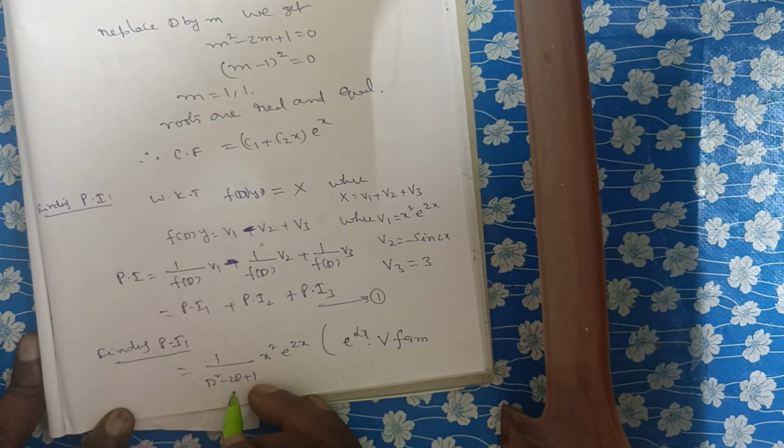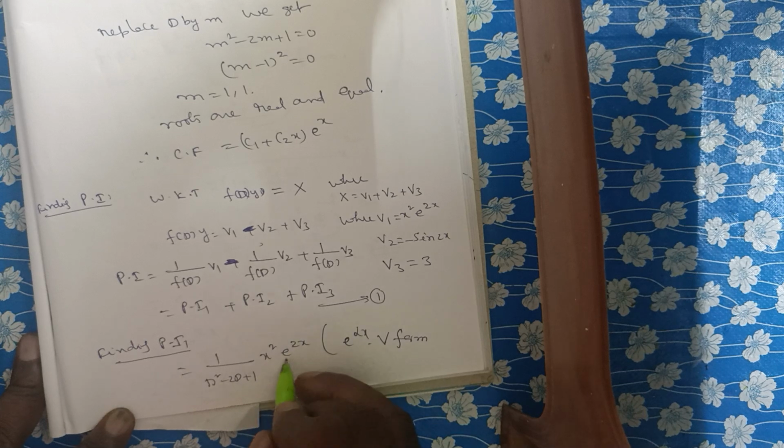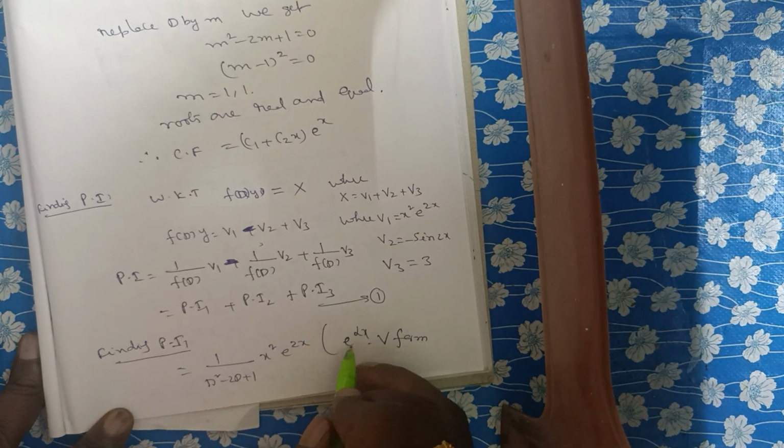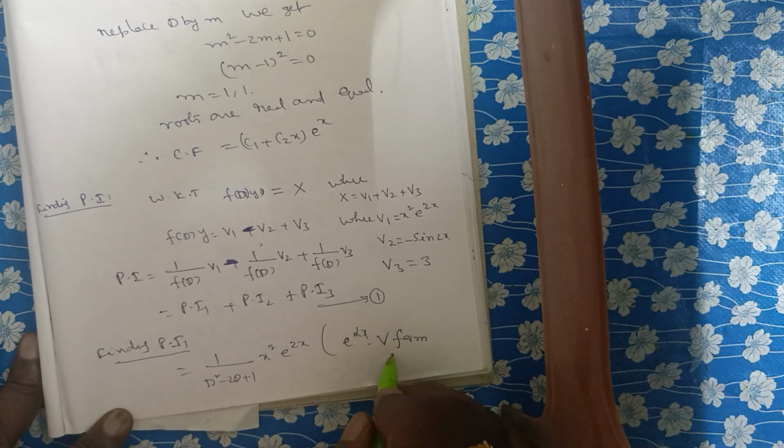Finding PI1: 1/(D² - 2D + 1) of x² e^(2x). It is in the form e^(αx) times a function.